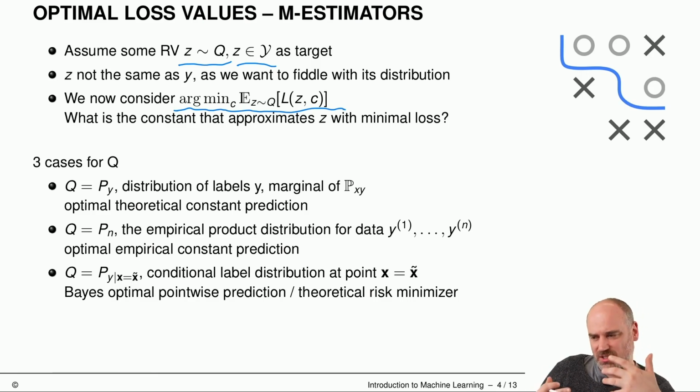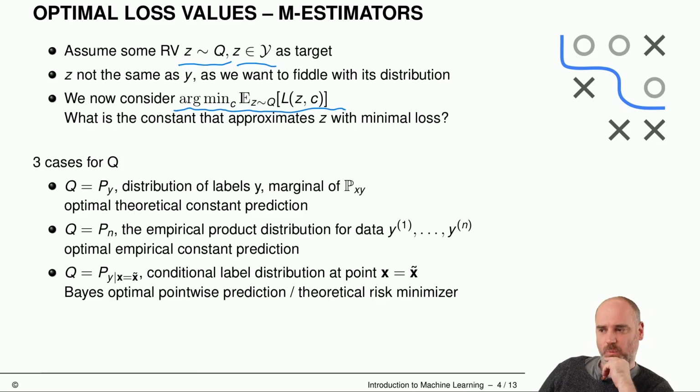In a certain sense, given that loss function, what is the best constant c which characterizes this distribution under this loss function? So what is the constant that approximates z with minimal loss? That's going to be our question for now.